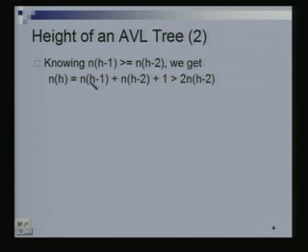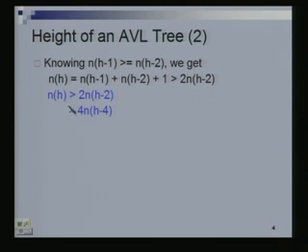I have replaced this n of h minus 1 by n of h minus 2, and this is what I get. And now this becomes a simple thing to solve. n of h is more than 2 times n of h minus 2. This is what I will solve. Now n of h minus 2 is more than 2 times n of h minus 4.